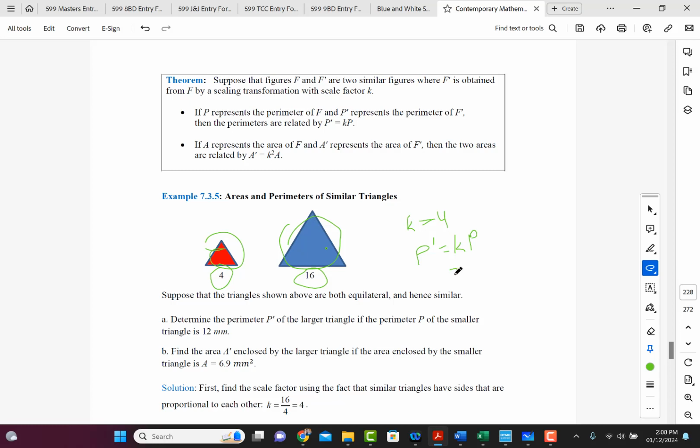So the perimeter of the larger triangle would be 4 times 12, which is 48. Okay, and the area of the larger triangle, we'll call that a prime, by the theorem is equal to k squared times a, the area of the original triangle.